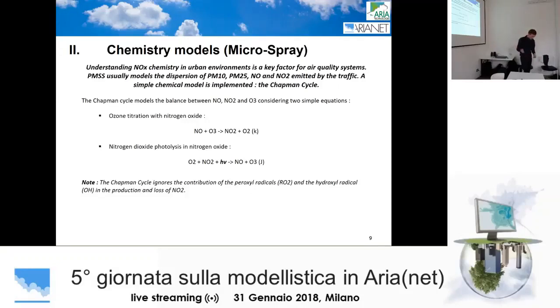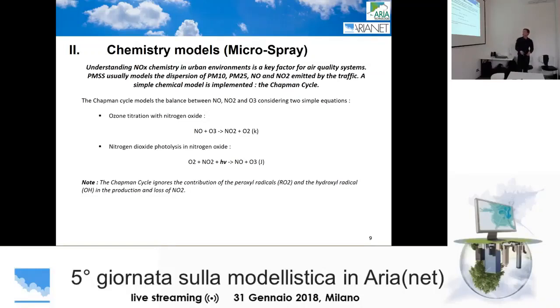So in parallel MicroSPRAY, we have a chemistry scheme implemented. It's a simple scheme called the Chapman cycle. It's made of two equations. The first one is ozone titration with nitrogen oxide.